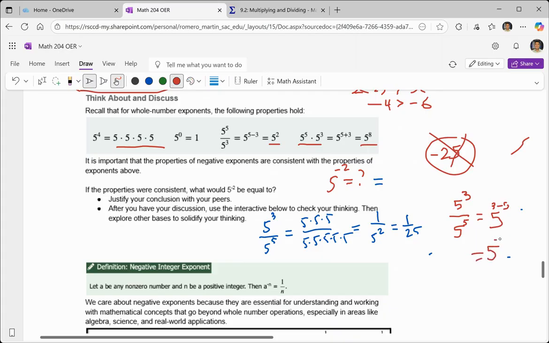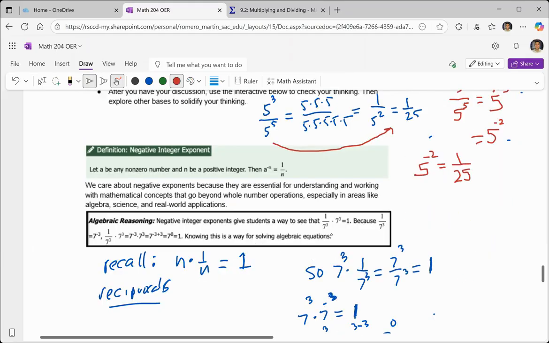So you could see when the number on top has fewer factors than the number on the bottom, when we do the rules of exponents, we end up with a negative exponent. But we now know, we already did this problem, 5 cubed over 5 to the 5 is equal to 1 over 25. We also see that answer is 5 to the negative 2. So we then just learn that 5 to the negative 2 must be equal to 1 over 25. They have the same value.